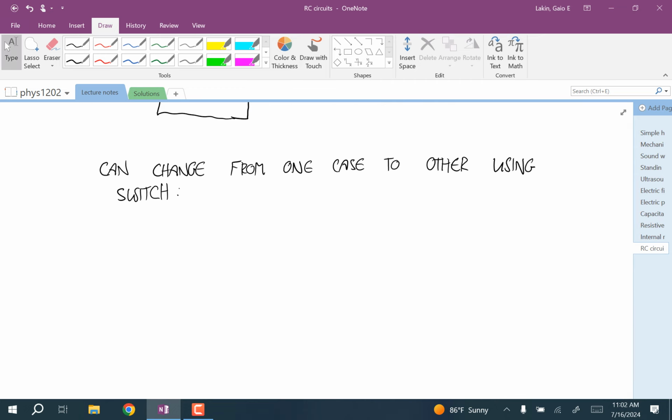And so here's an example of what that could look like. So say we have the battery down at the bottom. And then this is the switch. The switch, the way I have it drawn here, is not connected to anything.